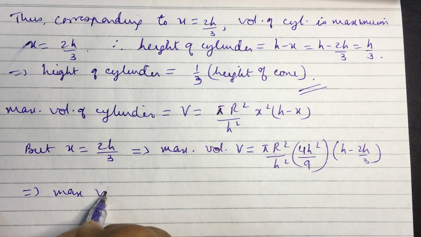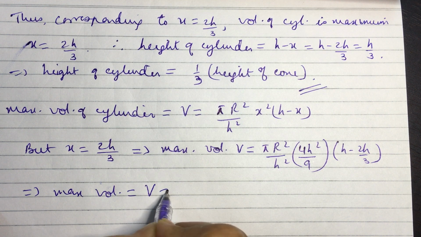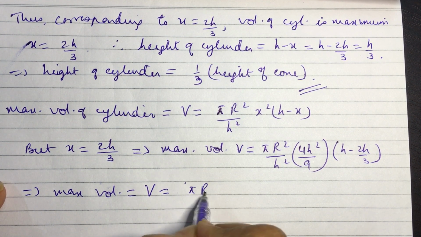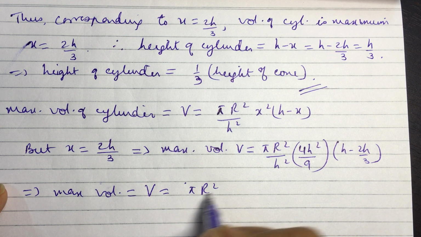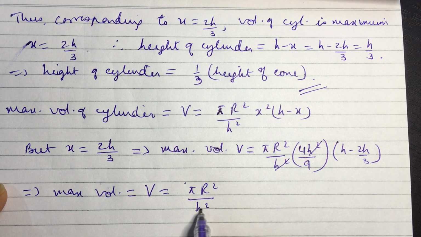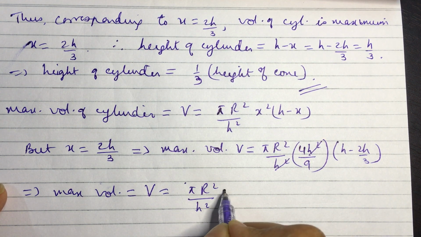maximum volume V is equal to pi r squared upon h square. Now, this h square and this h square gets cancelled. So, we get this, or let me write it again.